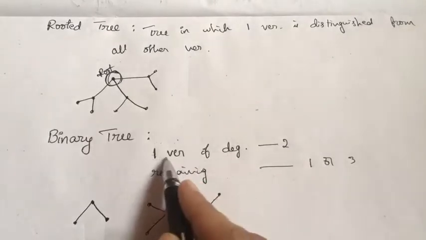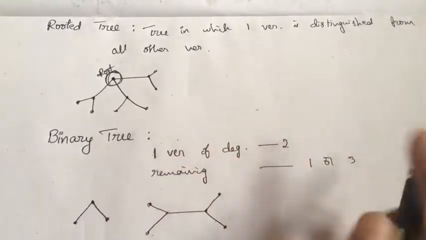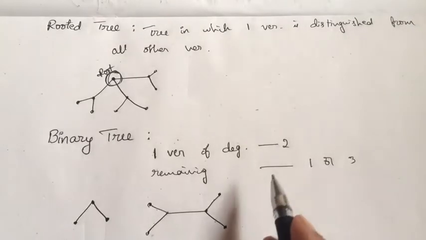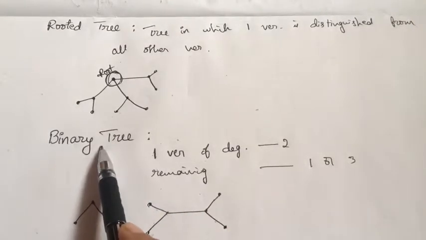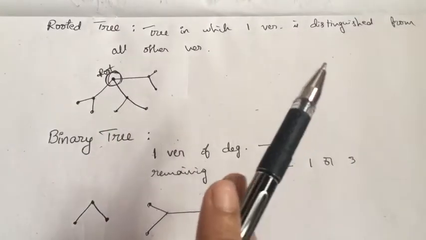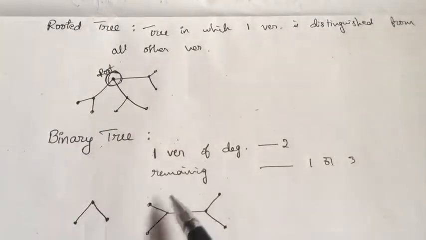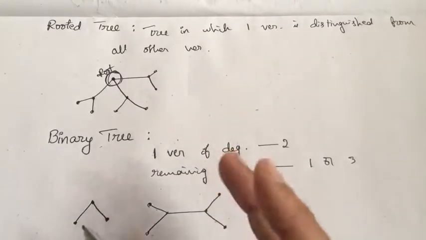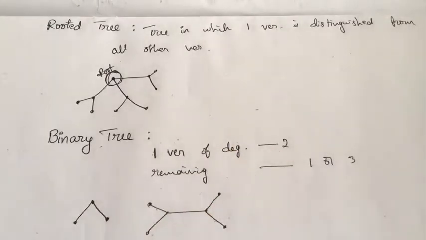It's not necessary that I should have one vertex of degree 2. Always remember one thing, a binary tree is also a rooted tree, and we can consider the vertex of degree 2 as a root.